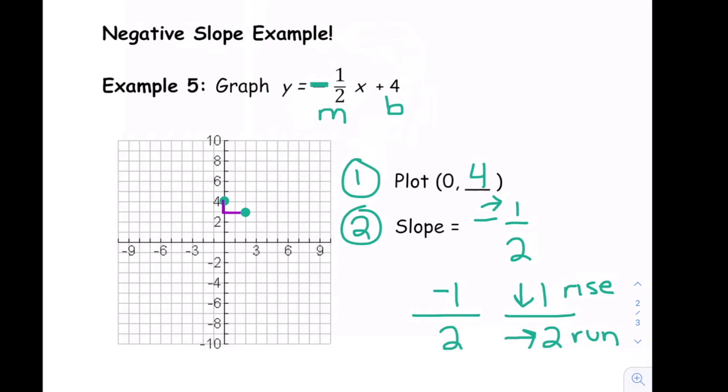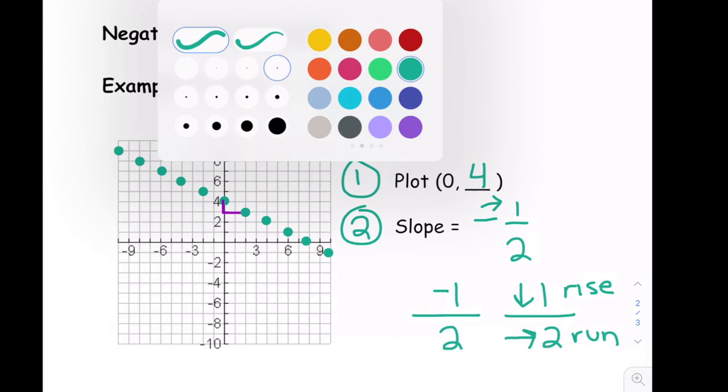And then I'm going to repeat that pattern in both directions. And connect.